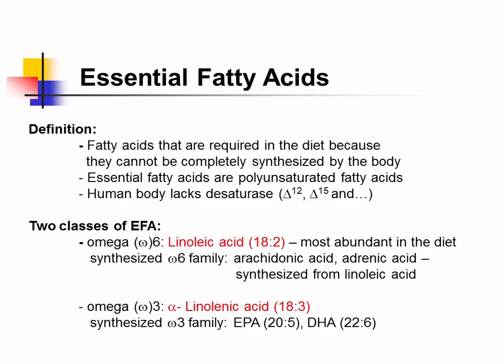In the omega-3 category, alpha-linolenic acid is the essential fatty acid, and EPA and DHA are not essential because we can synthesize them from alpha-linolenic acid. So really, we only have 2 essential fatty acids that we need from the diet: linoleic acid and alpha-linolenic acid, from two different categories. Is that clear? Okay.